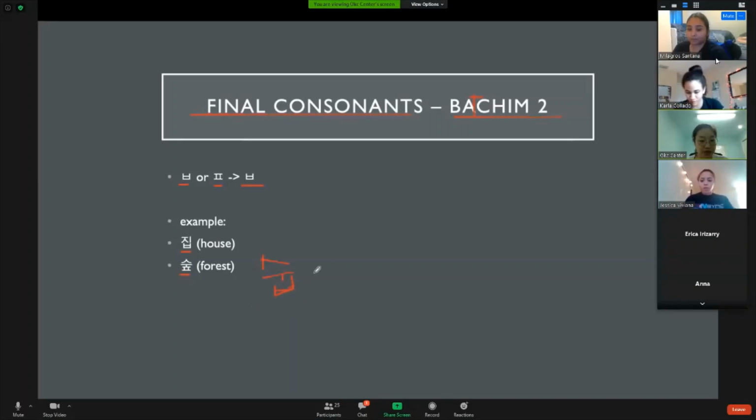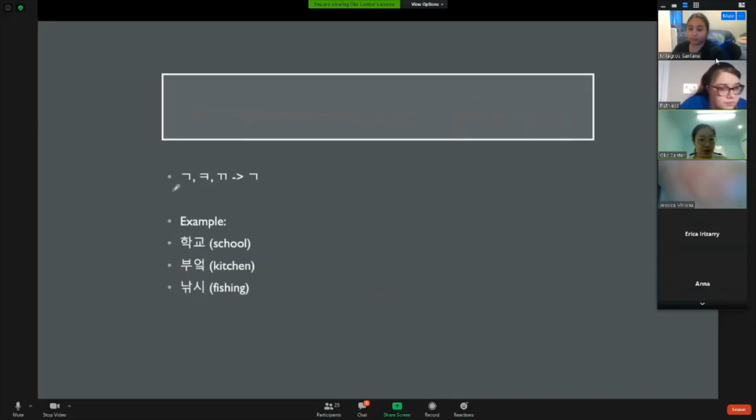So it'll be su, and then p. So it changes like this, but when you write it, make sure it's written this way.